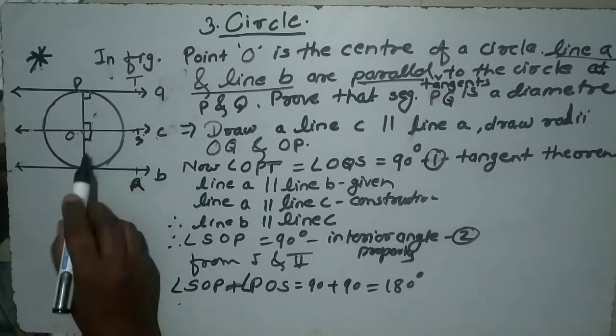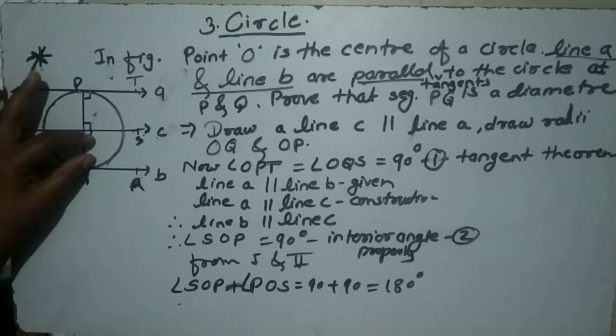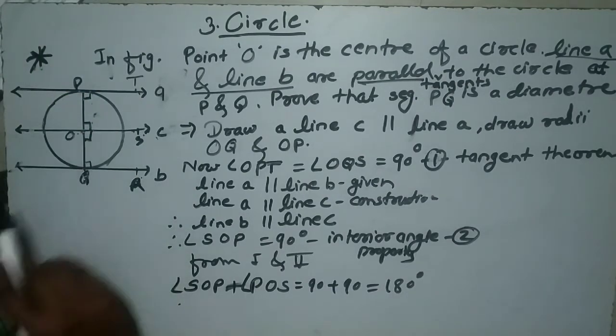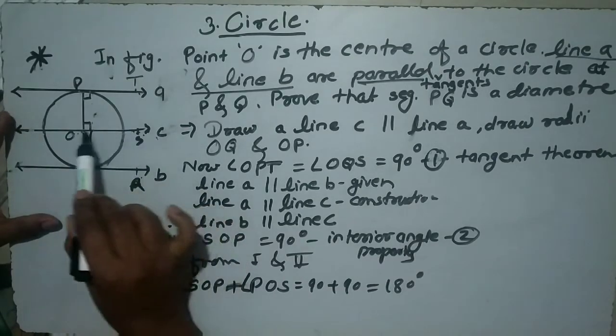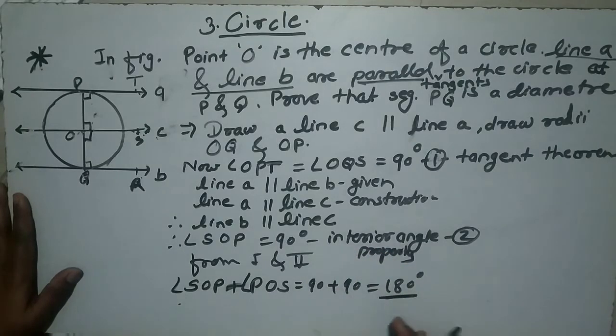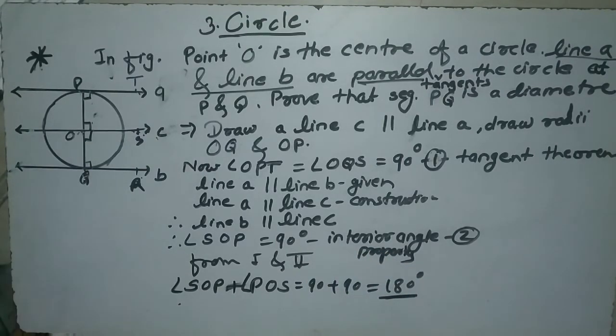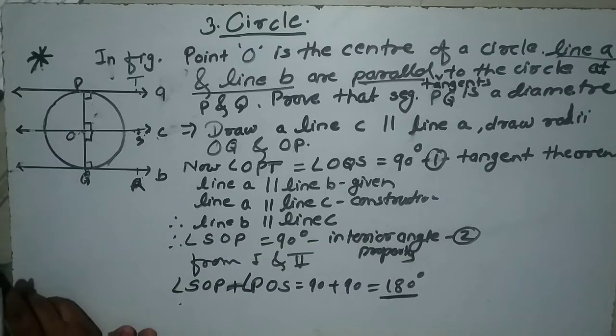Similarly we can show here also, because they are parallel to each other, the sum of interior angles is 180. Now POS is equal to 90 and SOQ is also equal to 90. So the sum of both angles is 180, and from this we can say that the points P, O, Q are collinear.